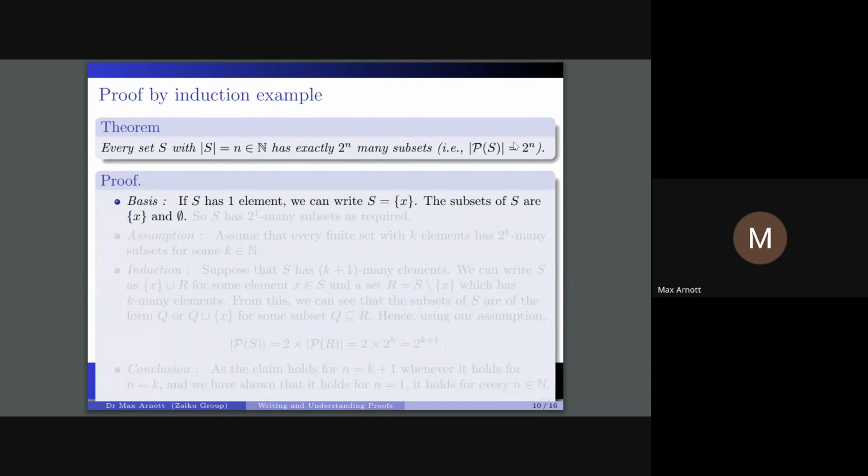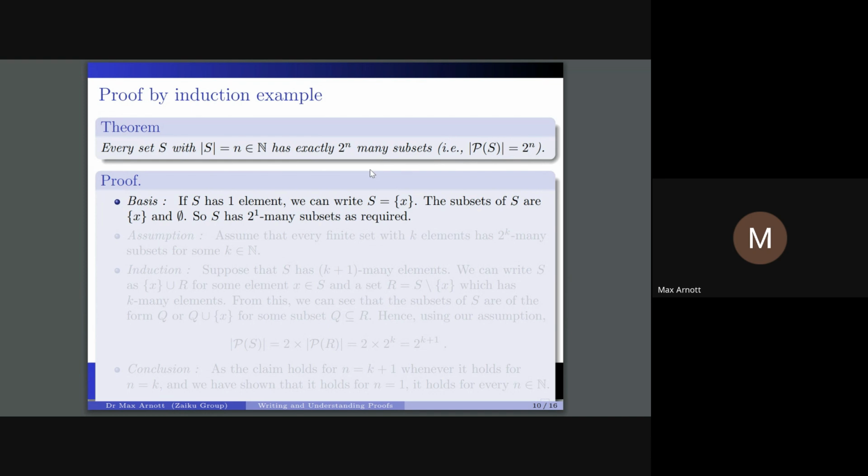So for the proof, for the basis we're doing the case n equals 1. If S has 1 element, then we can write S as the set containing the element that it has. Subsets of S are itself and the empty set, and therefore it has 2 to the 1 many subsets, and that's the thing we were trying to prove.